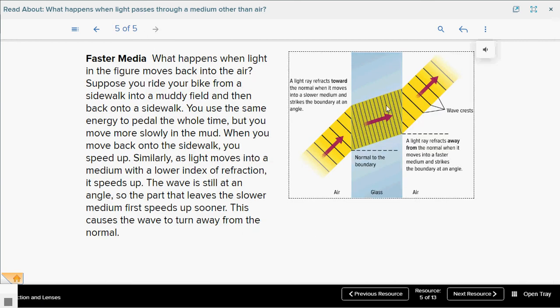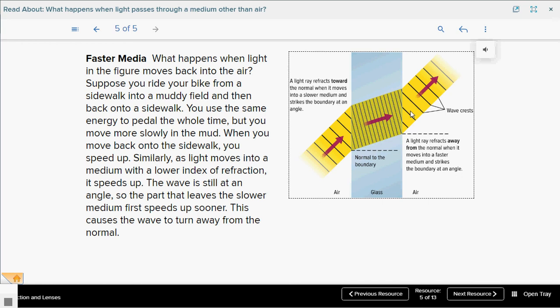Here we have air, glass, and air. When light moves from air to glass, its speed and direction change. When it moves from glass to air again, its speed and direction change again.